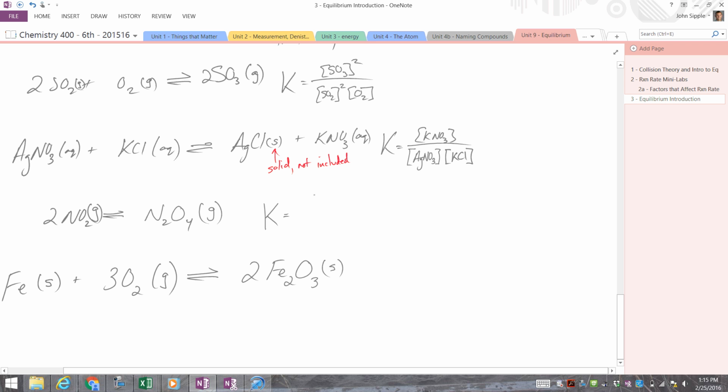So it would be N2 over NO2. And then you can't forget about the coefficient, so you have to square that guy.